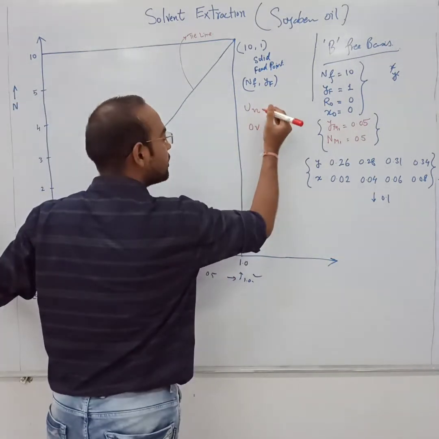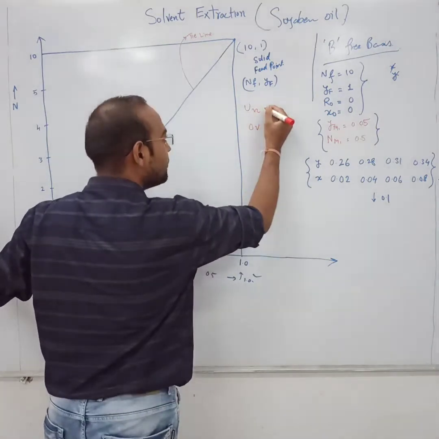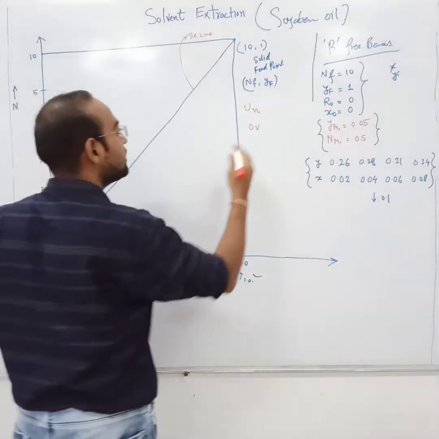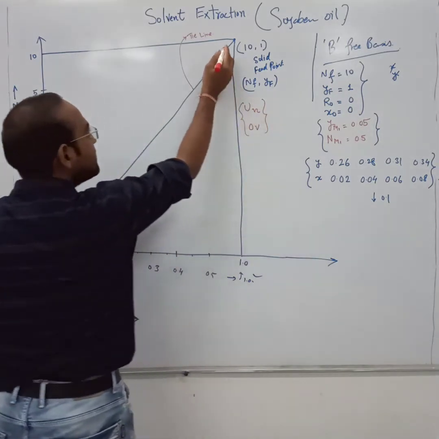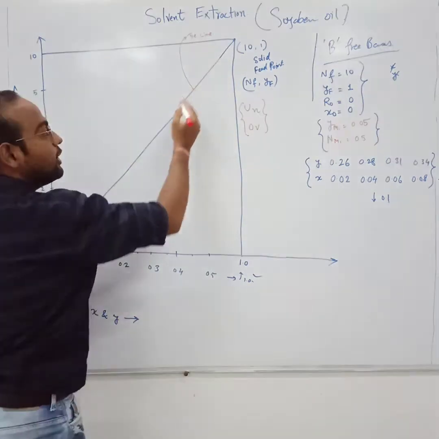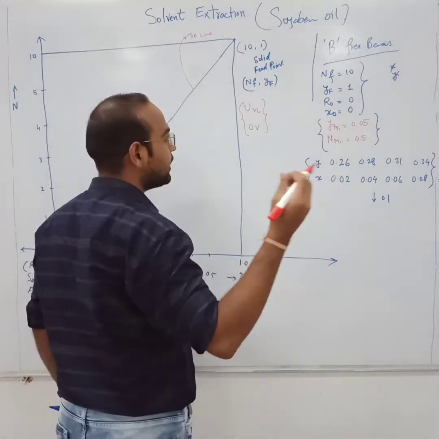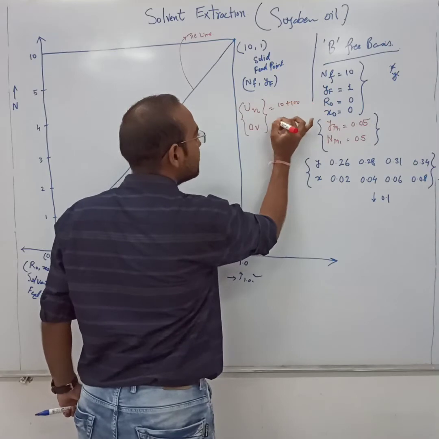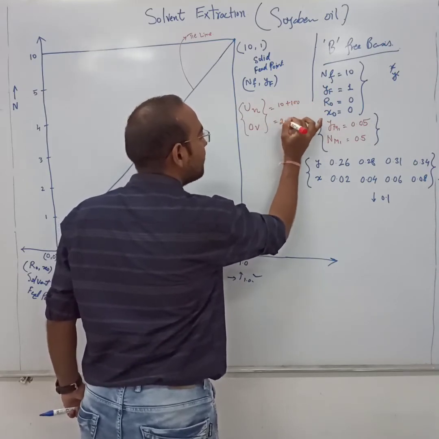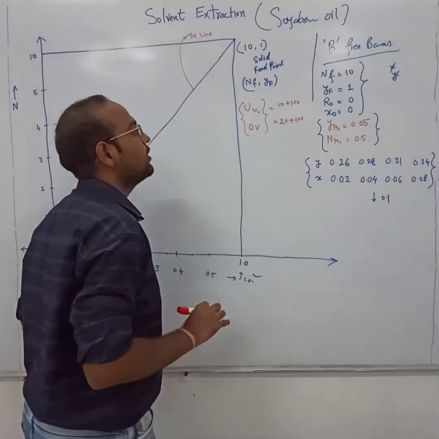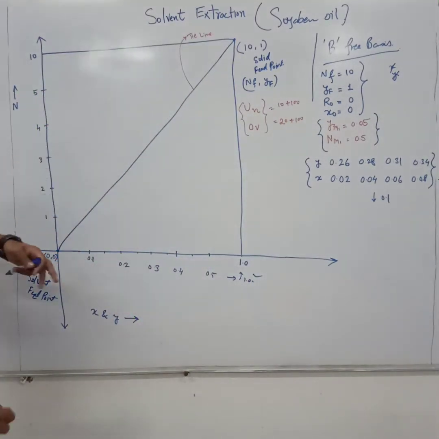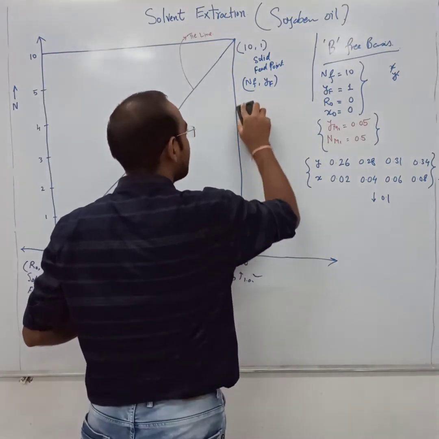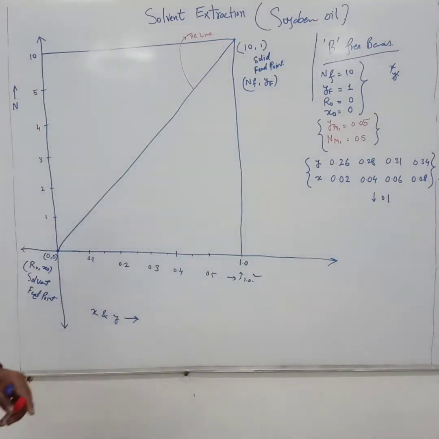The concentration of oil in solvent in underflow and in overflow is the same, but the quantity differs. This tie line shows the same concentration of oil plus solvent, but the quantity of oil is different. In underflow, if the oil is 10 and solvent is 100, then in overflow the oil will become 20 and the solvent is again the same 100. So that is the difference between underflow and overflow. It is actually a difference in the quantity of oil present in your mixture. It is shown by the tie line.